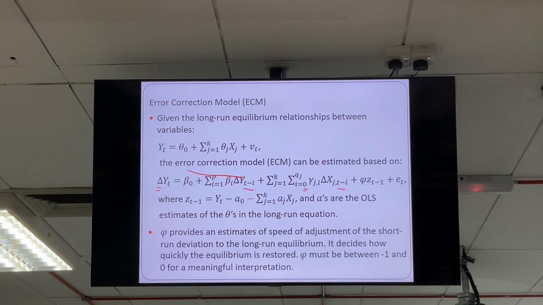The x starts from the change in x in the level, including its lags. It depends on how many lags you impose. So let's say you have k equals 4, maximum lag equals 4.